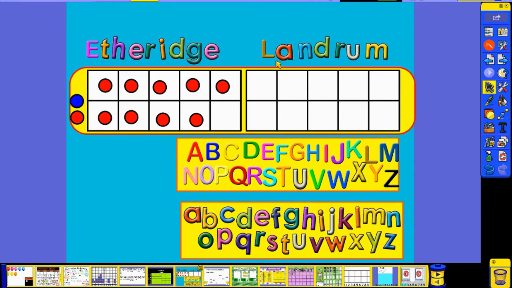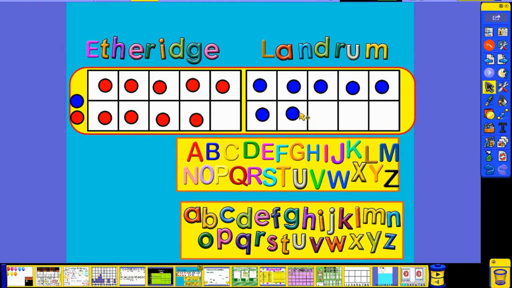All right, let's see how many letters Miss Landrum has in her last name. 1, 2, 3, 4, 5, 6, 7. Let's do it with counters. Blue counters will compare. 1, 2, 3, 4, 5, 6, 7. Okay, who has more letters in their last name?